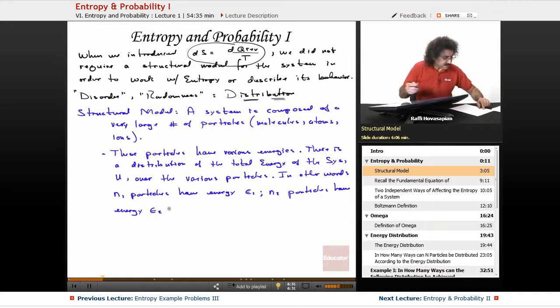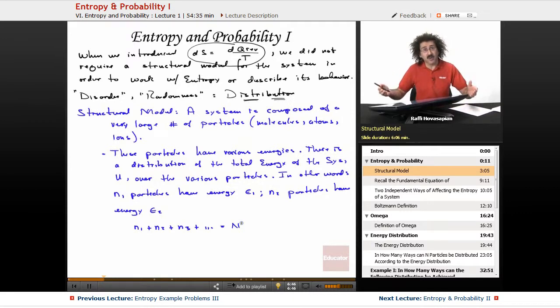Now, the total number of particles, n sub 1 plus n sub 2 plus n sub 3 and so on, has to equal N, which is the total number of particles in the system. So if I have 100 particles in the system, n sub 1 might be 10, n sub 2 might be 20, n sub 3 might be 70. 70 plus 20 plus 10 equals 100, the total number of particles. So that is one of our constraints.